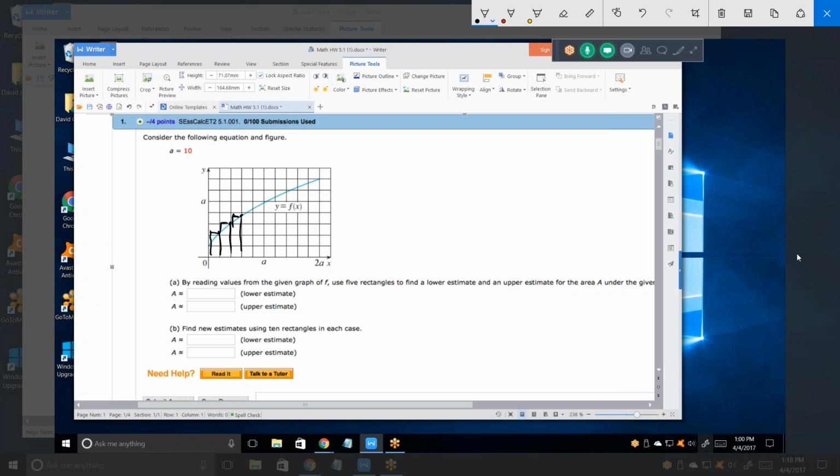Now, not to get ahead of ourselves, but somebody came up and realized, wow, what if I use a trapezoid instead of a rectangle? That's going to estimate it really well. So there's also the trapezoidal method, which they're probably going to teach you if they haven't talked about it yet.